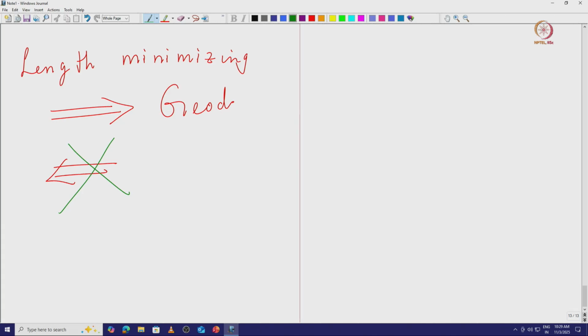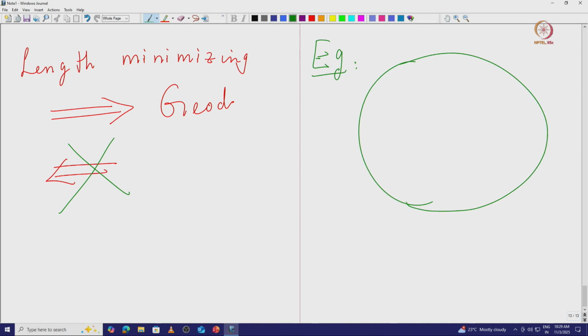So there are geodesics that need not be length minimizing. As an example, we just take the sphere, let us say this is the north pole, this is the south pole, then we have seen that all the geodesics are basically these great circles, okay, and it sort of goes around the back from the south pole to the north pole.